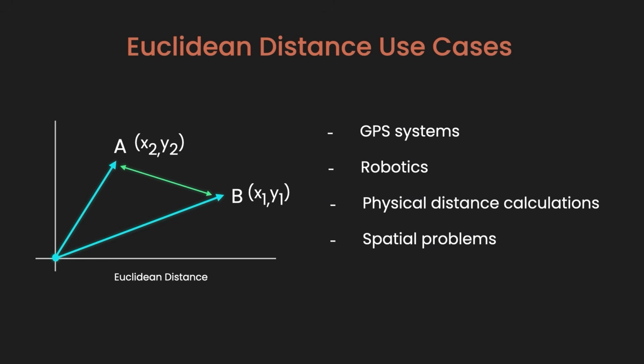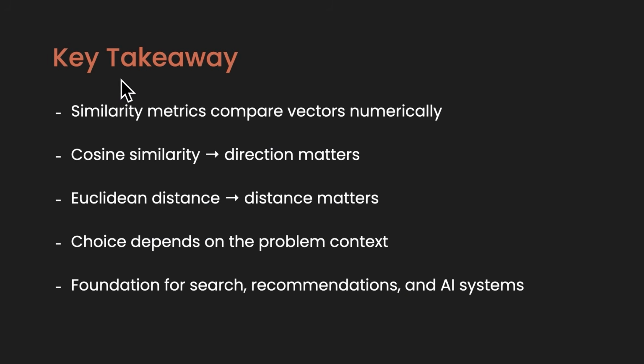But in vector embeddings, and since we are learning about vector databases, I would say that cosine similarity is the most heavily used similarity metric in vector databases. So let's quickly recap the key takeaways from this lesson. Similarity metrics compare two vectors numerically. Now cosine similarity focuses on direction.